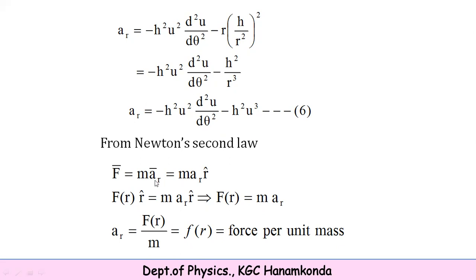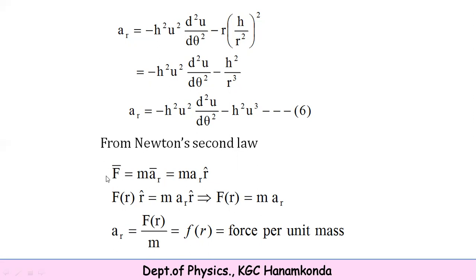Mass into radial acceleration. So this A bar, a_r bar, is the vectorial form of a_r. But this a_r bar is along the radial component, along the radius vector. Therefore, this can be written as m into a_r into r cap, because the direction of acceleration is along the radius vector, so I am multiplying with r cap, which gives the same direction.